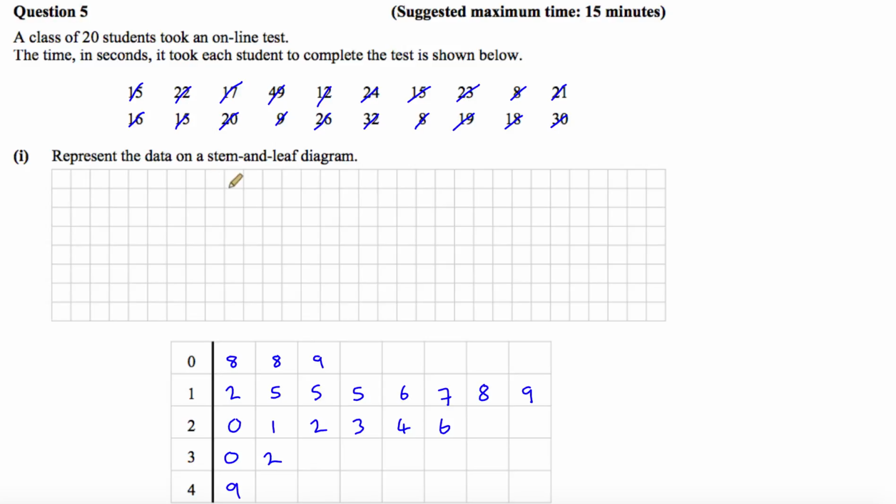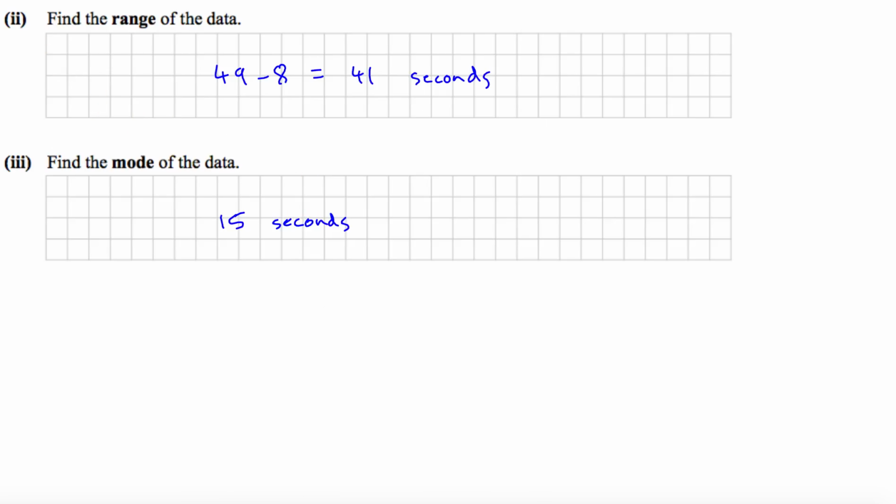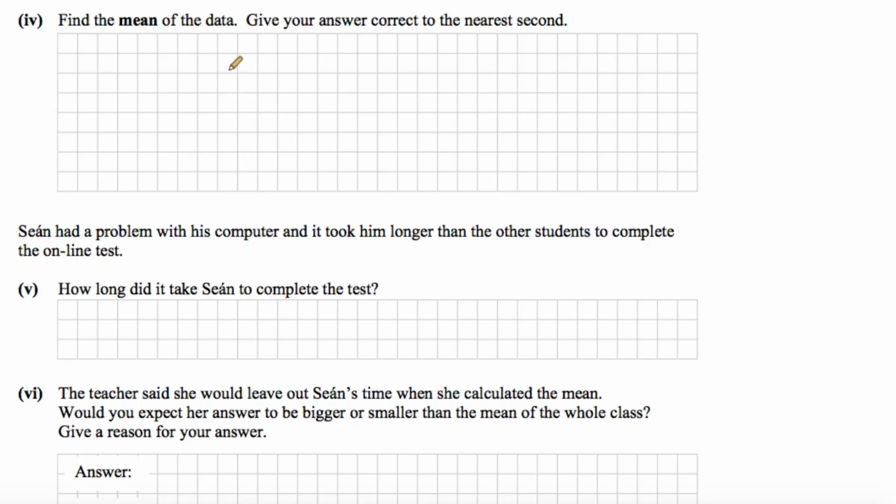So when you add all these numbers up on your calculator, you get a value of 399, and then you're going to divide that by 20, and that gives us an answer of 19.95.